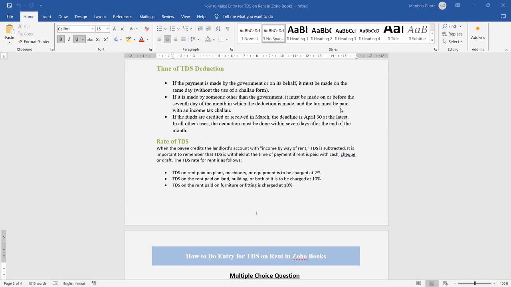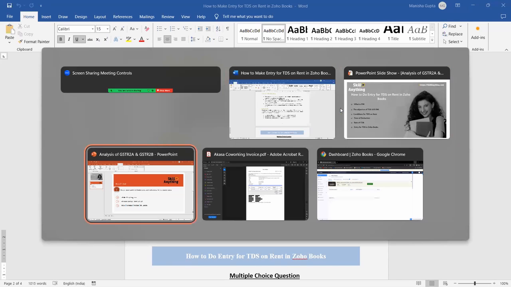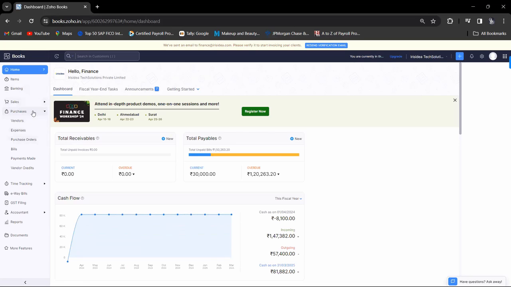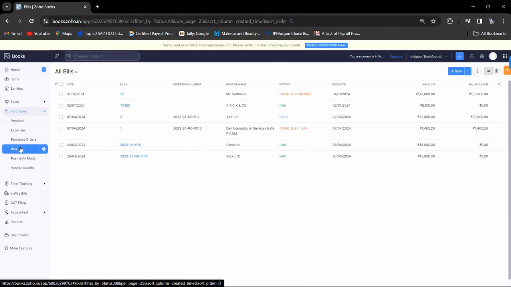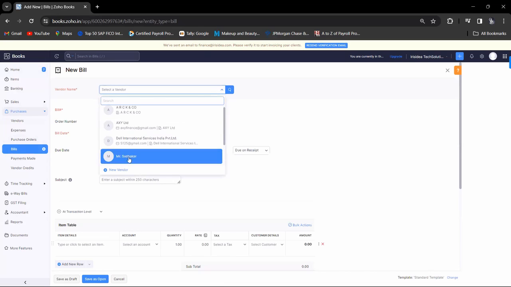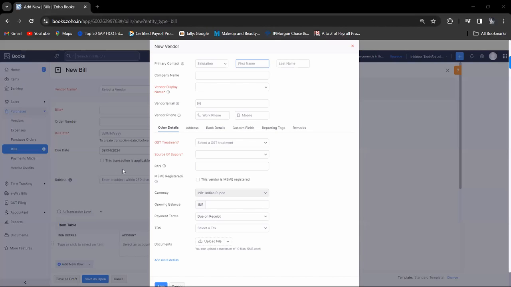Now let's move into Zoho Books and see how to do TDS on rent entry. Click on the Purchase tab, then Bills, then New. Write the party name.